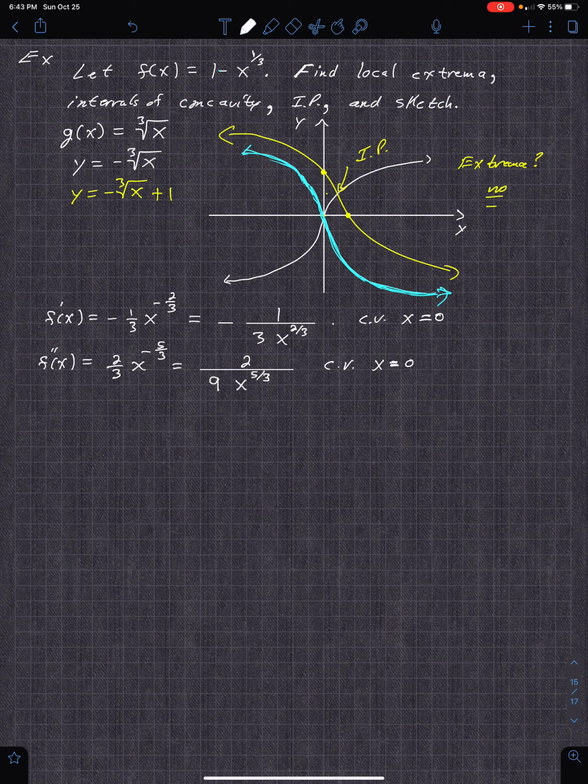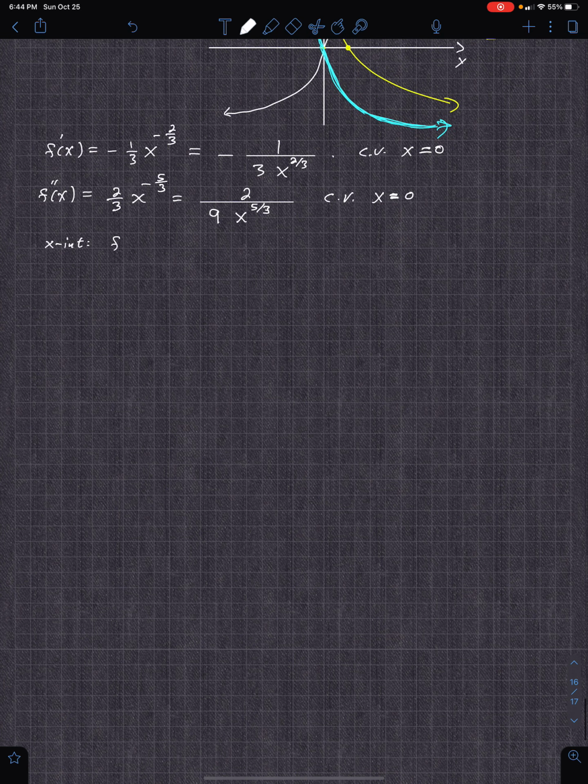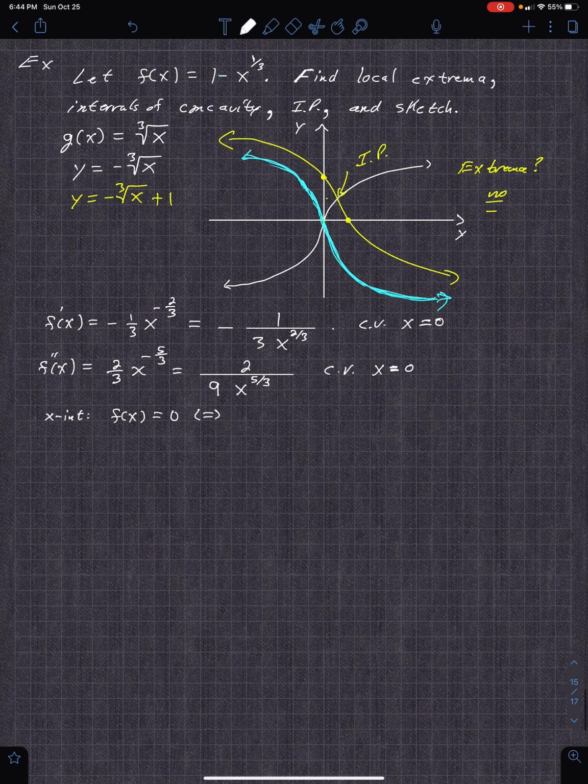So we know what it looks like, but you still want to test it and see what's going on. Let's do intercepts. So x-intercept next. Set f of x equal to 0 and solve. So that's equal to 0 if and only if 1 minus x to the 1/3 is equal to 0.